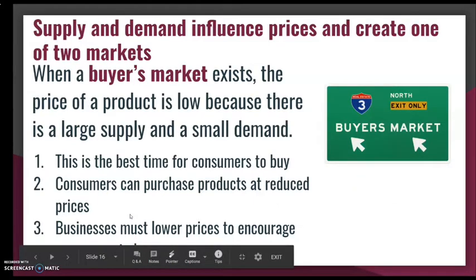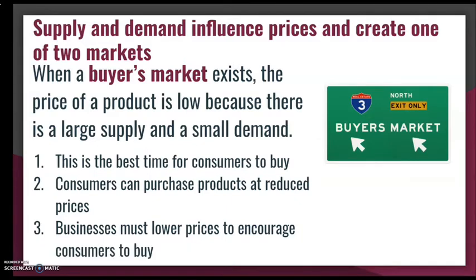In a buyer's market, businesses must lower prices to encourage consumers to buy because there's such a large supply and such a low demand. For example, let's say an automobile manufacturer is producing 100,000 two-seater convertibles. Let's say that they are only able to sell 60,000 of these cars for the original price of $50,000.